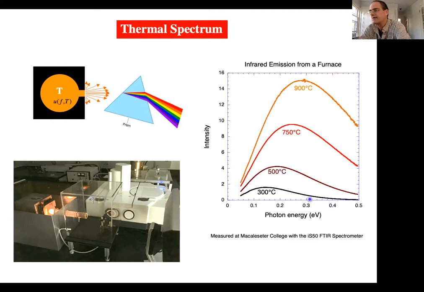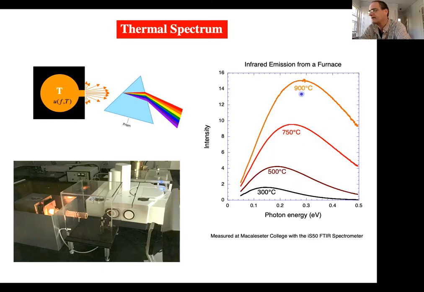Here we are. Here are spectra obtained for different temperatures: 300 degrees Celsius, 500 degrees Celsius, 750 degrees Celsius, 900 degrees Celsius. The basic shape looks the same for all of them, but they are different. And the reason they're different is because they're at different temperatures. Notice as we increase the temperature, the peak shifts to higher frequency, to higher photon energies.